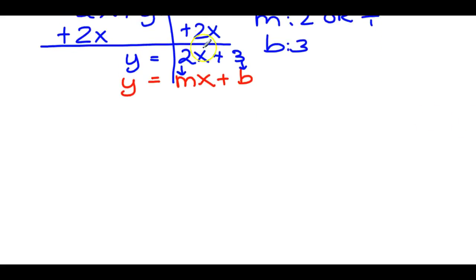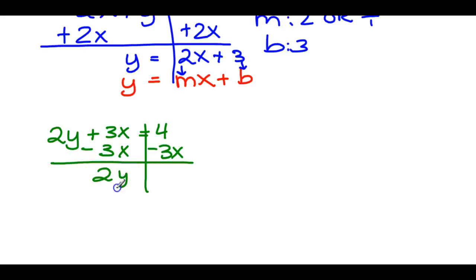So let's try some more examples. What happens if we have 2y plus 3x equals 4? We still want to get y by itself, but right now y is multiplied by 2 and there's that additional 3x. So think back to when we did multi-step equations. I'm going to subtract 3x from both sides.